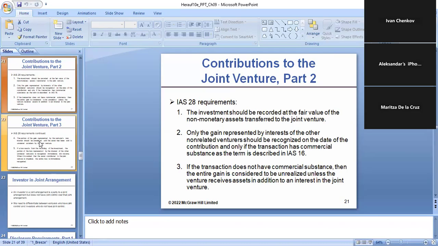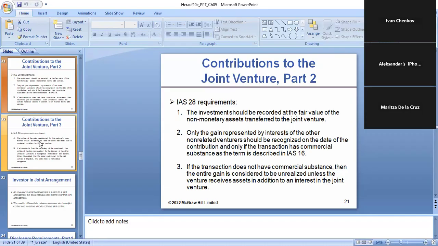So the International Accounting Standard 28 requirements are that the investment should be recorded at the fair value of the non-monetary assets transferred to the joint venture. Only the gain represented by the interest of the other unrelated venturers should be recognized on the date of the contribution, and only if the transaction has commercial substance.